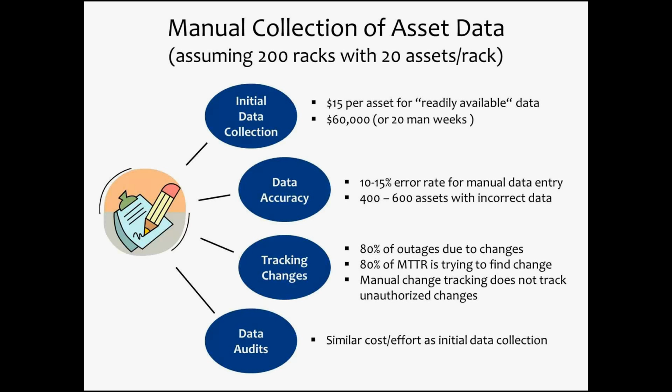If I were to go out to a third-party company and say, hey, come in here and collect readily available data, that means manufacturer, model, the name, its location, and a serial number. Stuff that I can get without logging onto the system, actually without even touching the system. The typical rate for that would be about $15 per asset to collect that data and get it into a system. So you're looking at about $60,000 for data collection.